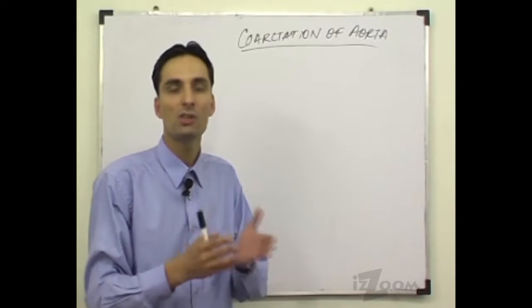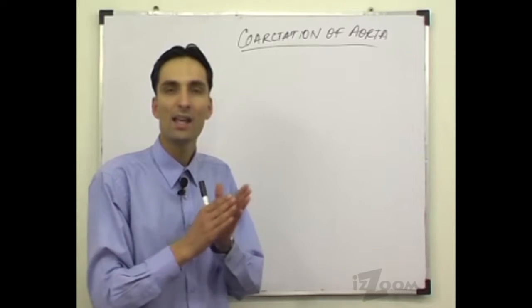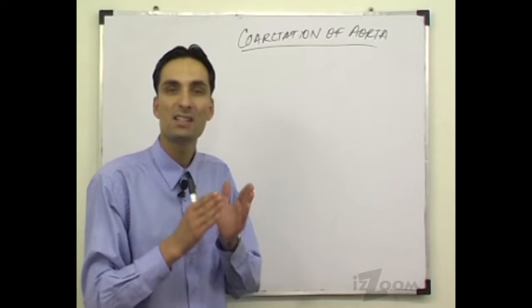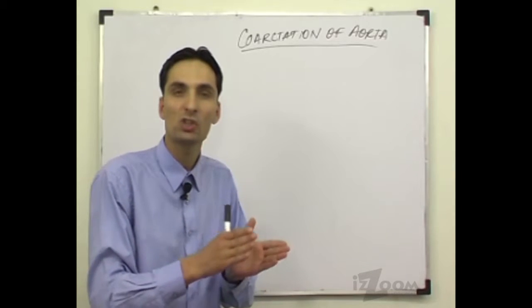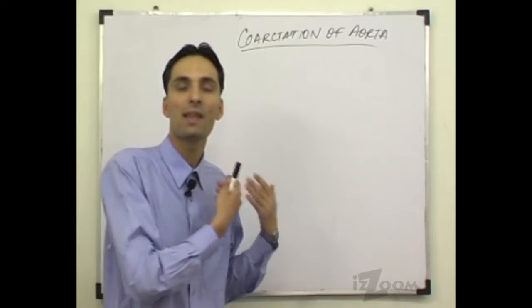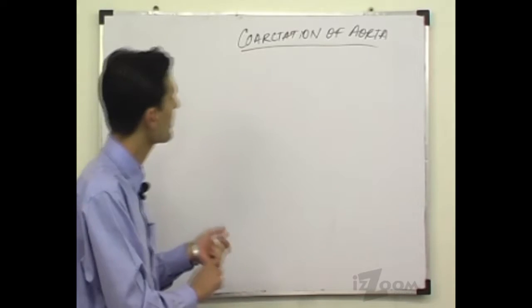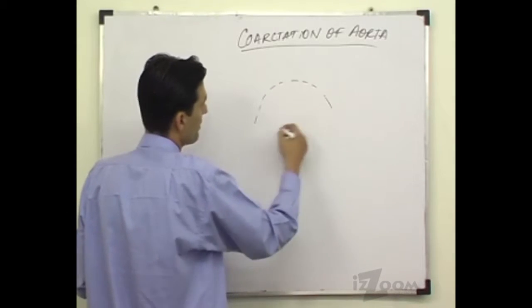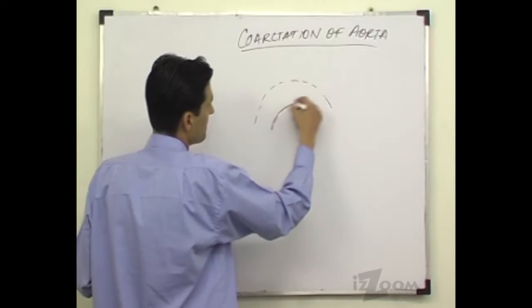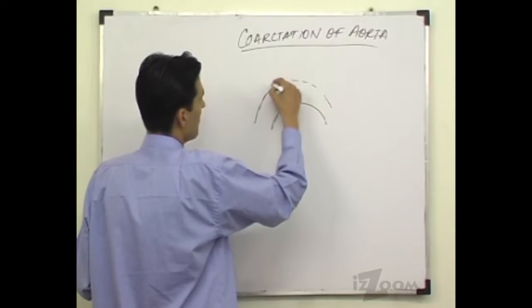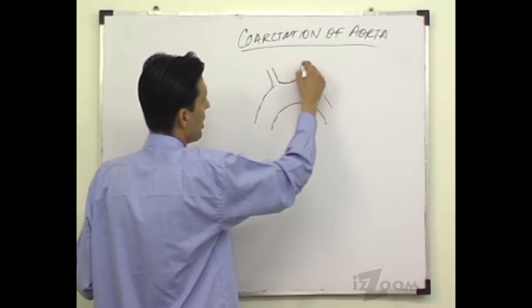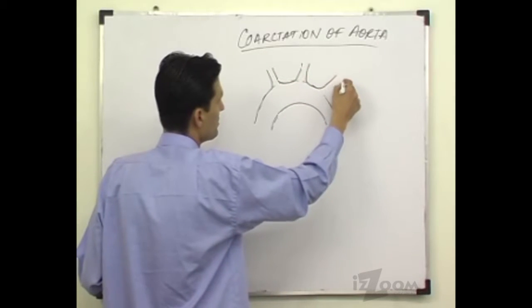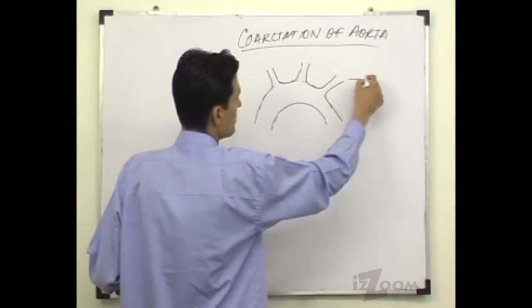this narrowing of the aorta is at the region of the ductus arteriosus, which is just distal to the left subclavian artery. So if I draw the arch of aorta right here, this is the arch of aorta, this is the brachiocephalic trunk, this is the common carotid artery, and this is the left subclavian.